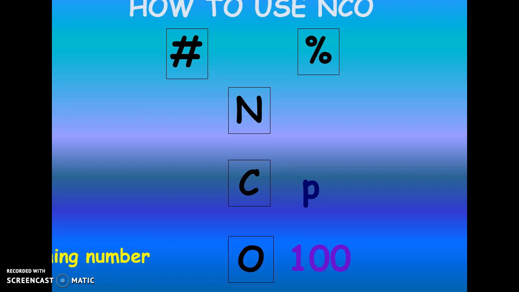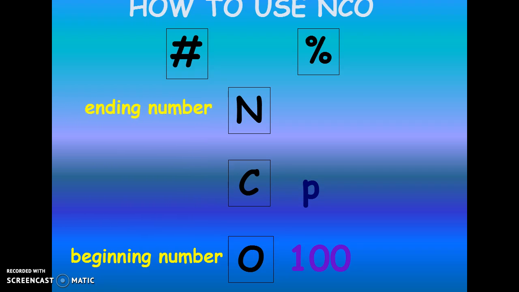Next, when we went through those scenarios, we said that the beginning number represented our original. So whatever number that is, that's going to go on the number side of our NCO chart. Then where we ended up, or our final number, was the ending number, and that is represented by our new. That's where we ended up.